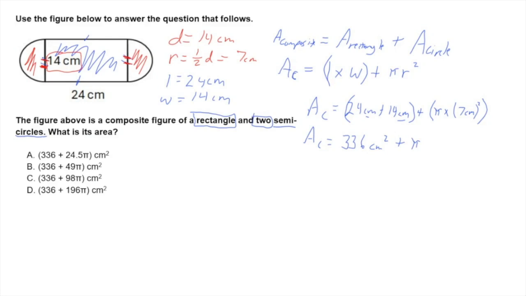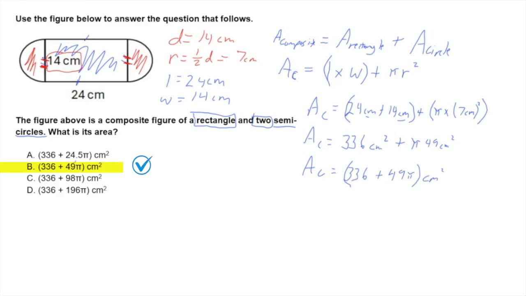So 7 centimeters squared is 49 centimeters squared. So the area of our composite is equal to, we can rewrite this to match the answers over on the left, 336 plus 49 pi, we can pull this centimeters squared out to the side.